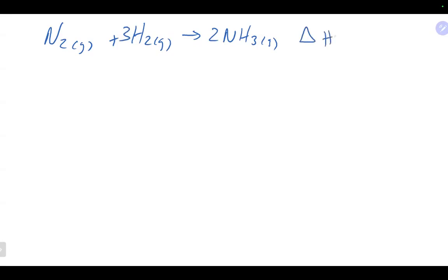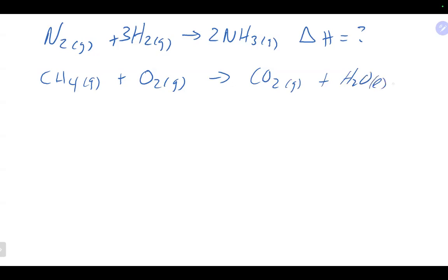We want to calculate the delta H for this one. Let me write another one as well. I'll give you the values here in just a second. And probably a little balance in here.